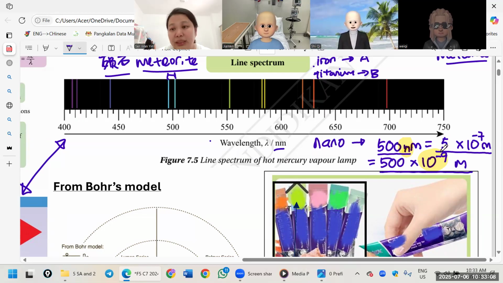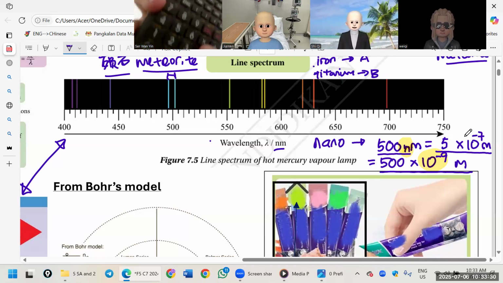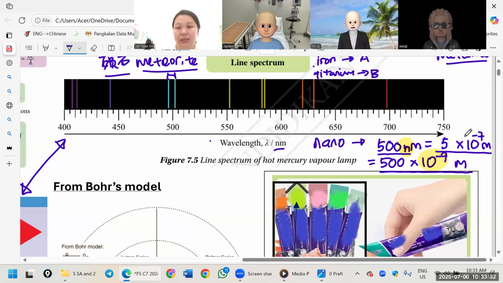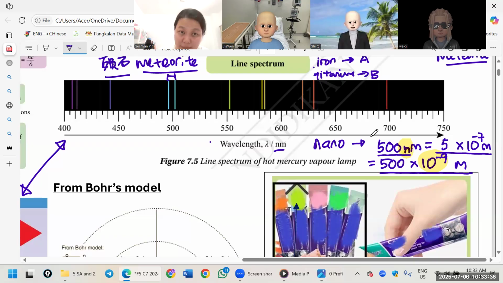Or you directly press 500 nano, and your calculator will directly convert for you. And the old type one is shift 3. Shift 3. You must have it yourself. Okay, so be careful.